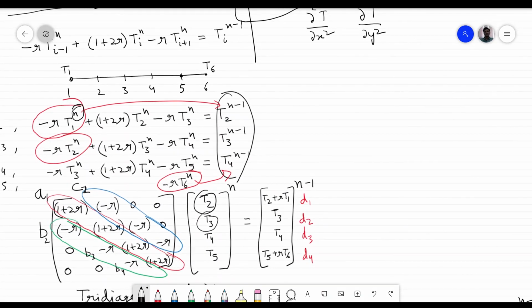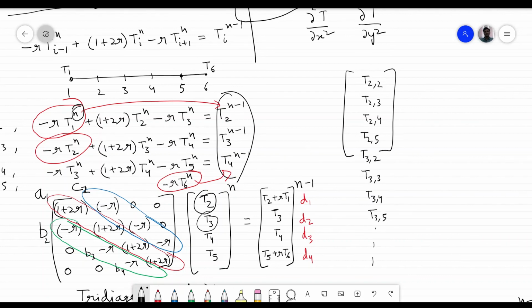So if you want to write them in a single vector, you will have to write like this: T22, 23, 24, 25, then you have 32, 33, 34, 35, and so on.